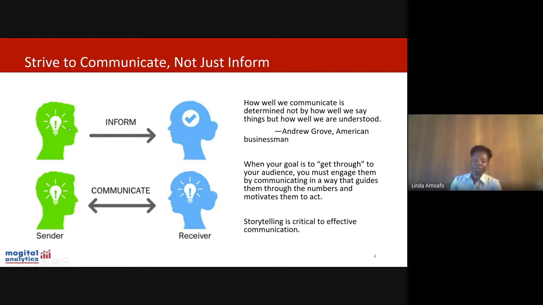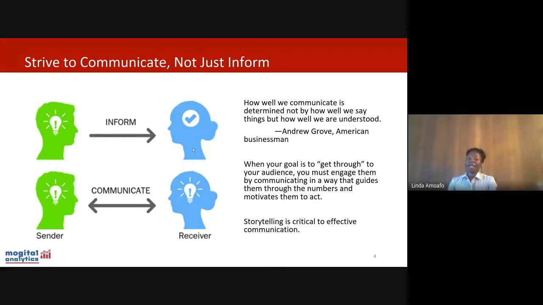Something that I wanted to show you with this picture here is that when you inform someone, you are simply disseminating the data in a passive, clinical manner. You expect your audience to interpret and comprehend the data themselves. Any overt messages or interpretations of the data will not be passed on to the audience, it's just the facts of what is happening in the data set.